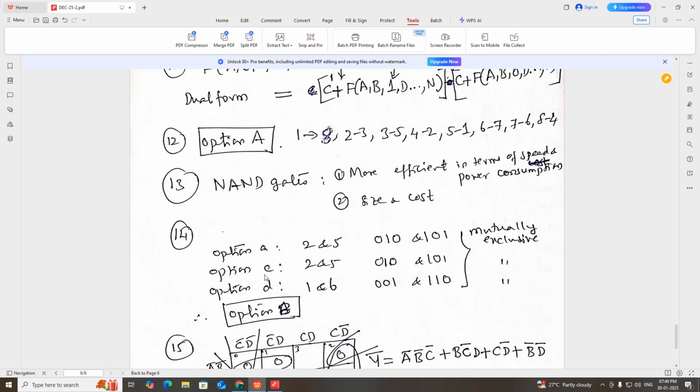Similarly for option C, again we have 2 and 5, which are mutually exclusive. And option D, 1 and 6: 0, 0, 1 and 1, 1, 0, again mutually exclusive. So these three are not the options. The answer is option B.